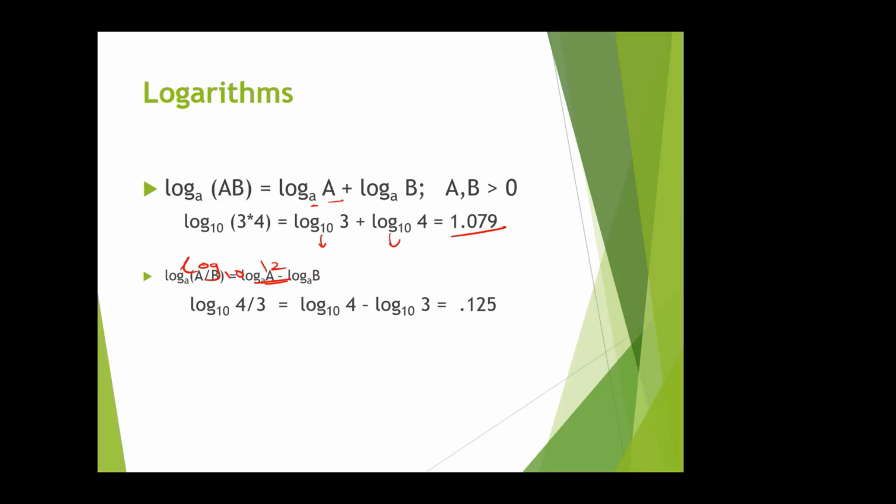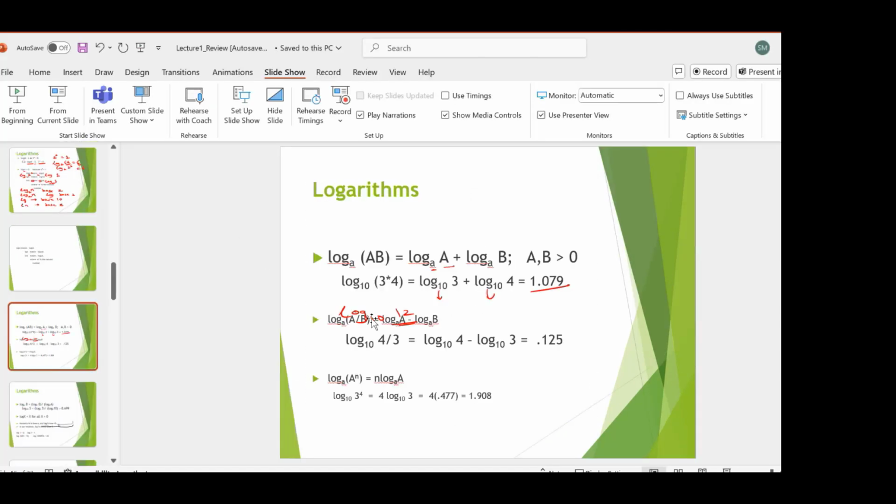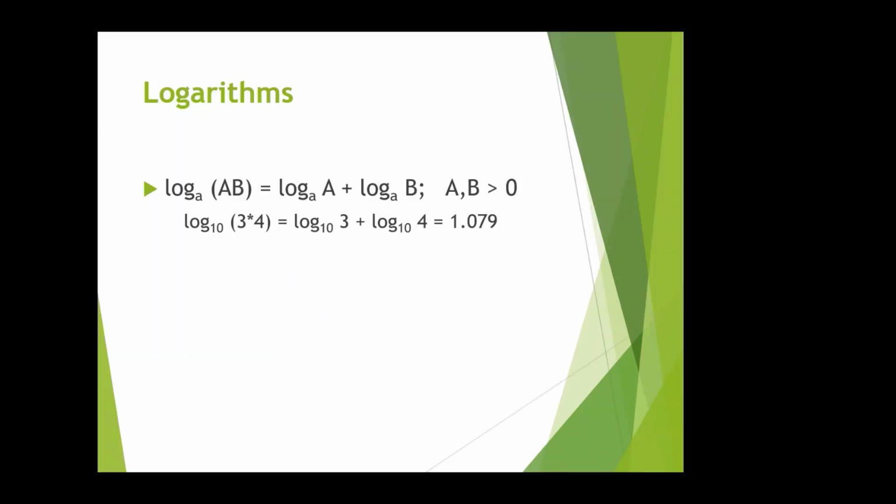Then another similar thing is if we have division of logarithms. A similar rule applies for subtraction. If we have log of 4 divided by 3, we can simplify it as log 4 minus log 3. If we calculate either log of this term or the subtraction, we are going to get the same value.